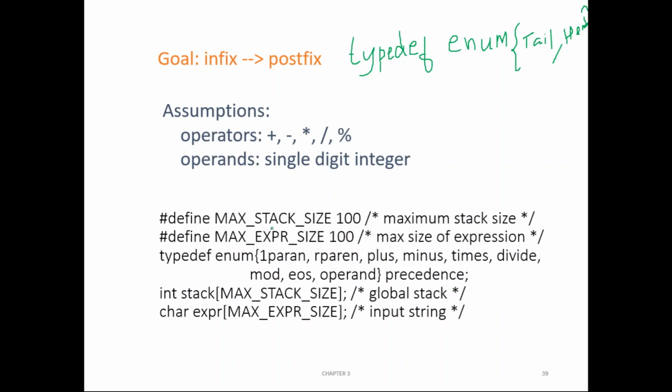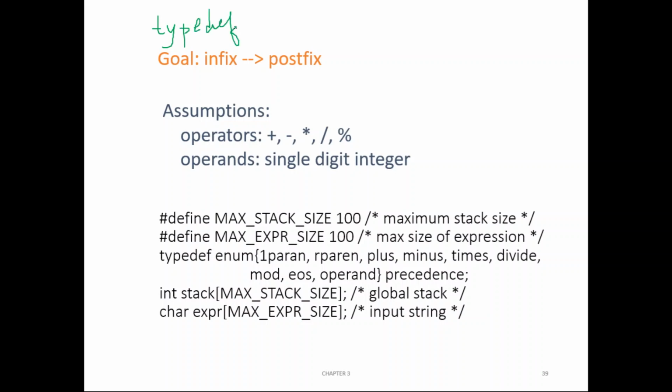I should write again, the space is not enough. So if I do like this: typedef enum, say T for tail, H for head.